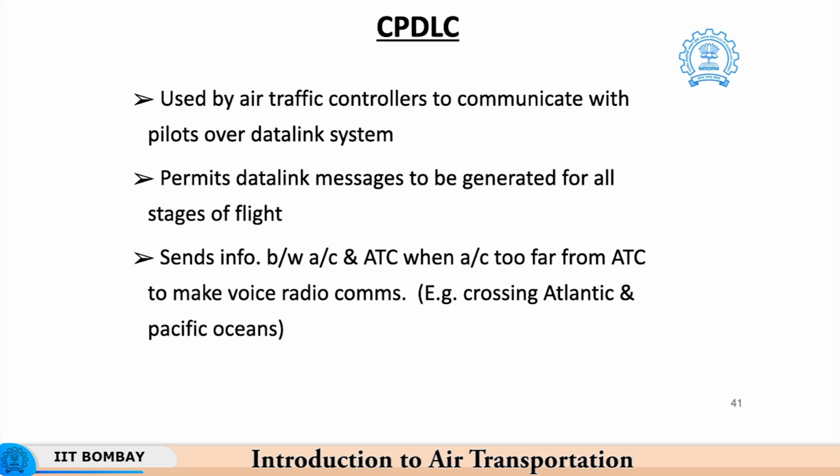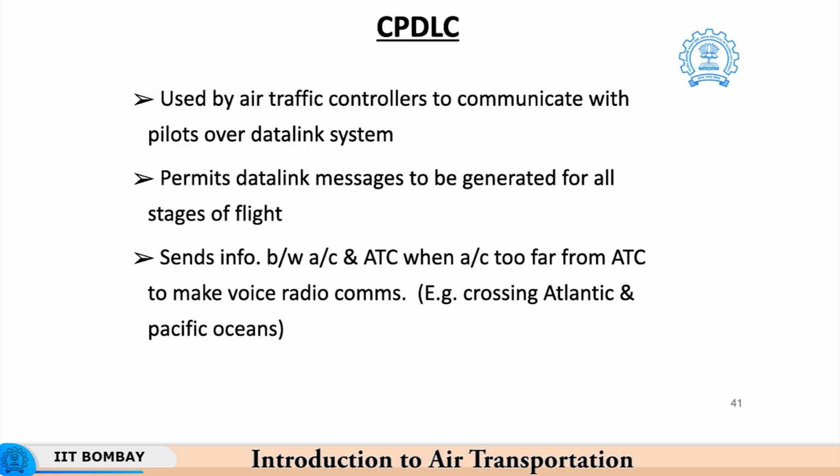As I mentioned earlier, this is a system used by air traffic controllers as well as pilots to carry out transmission of data between the two, and hence the system permits data link messages to be generated for all stages of flight.